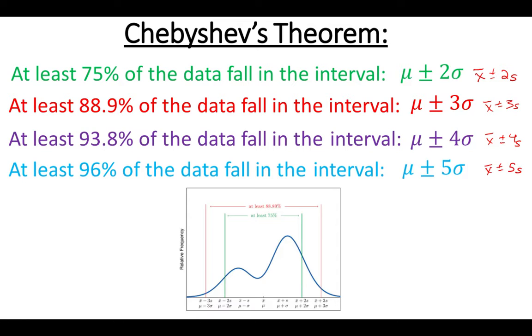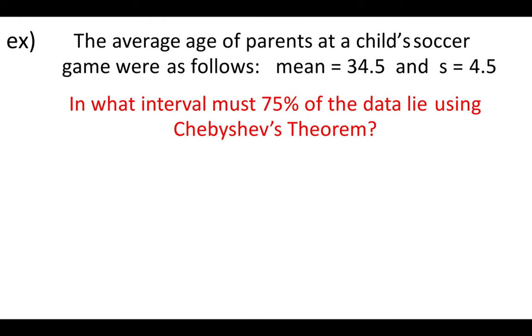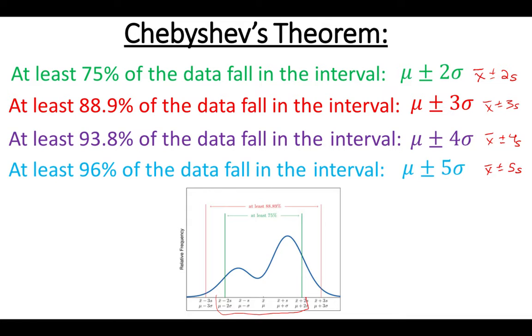If this blue represents the distribution of our data, we could say that 75% is between those two green lines there: x bar minus 2s and x bar plus 2s. And then we could just sort of continue this out. If I had 3 standard deviations of the mean, it'd be out here somewhere.